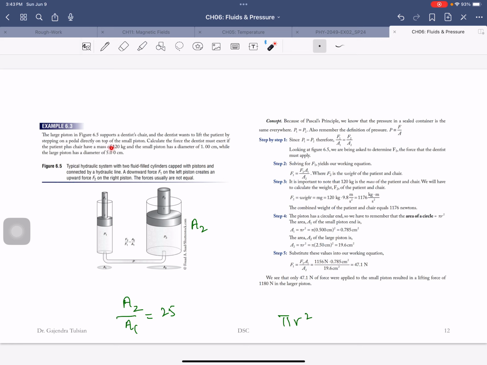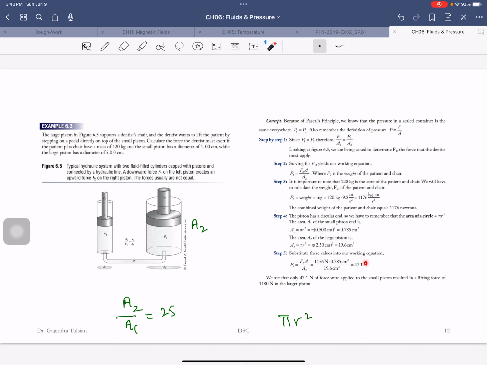The mass of the patient and chair is 120 kgs, and that's about 1200 newtons. The dentist is able to apply a force of 50 newtons and lift a patient in chair of 1200 newtons. So that's roughly 25 times.